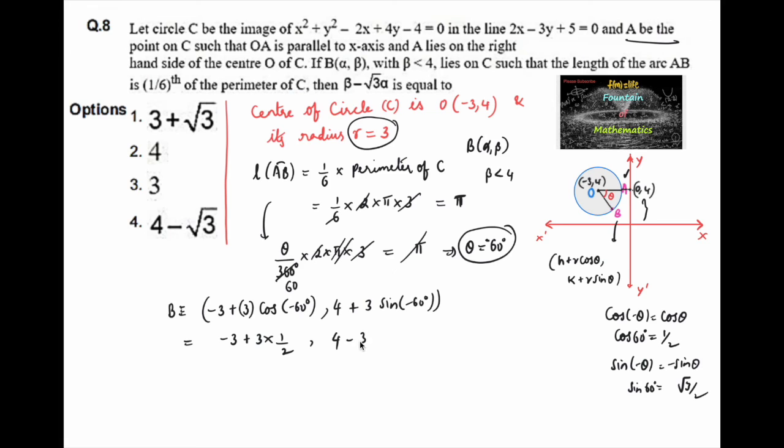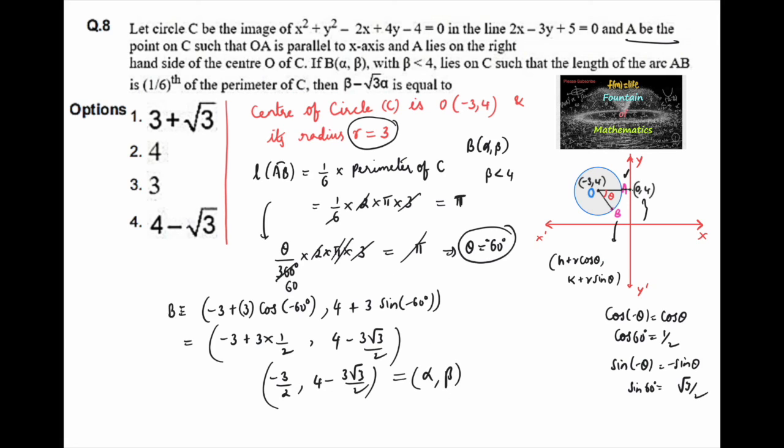So here we can write minus 3 into root 3 by 2. So minus 6 plus 3, minus 3 by 2, and here it is 4 minus 3 root 3 divided by 2. So this is alpha and this is beta.